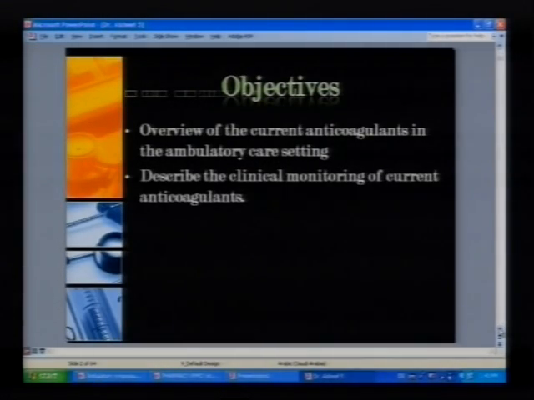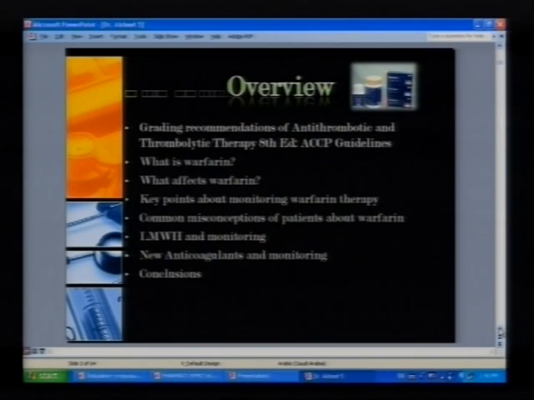The objectives of my presentation are to give an overview of the current anticoagulants in the ambulatory care setting and describe the clinical monitoring of current anticoagulants, and that is the outline of my presentation.